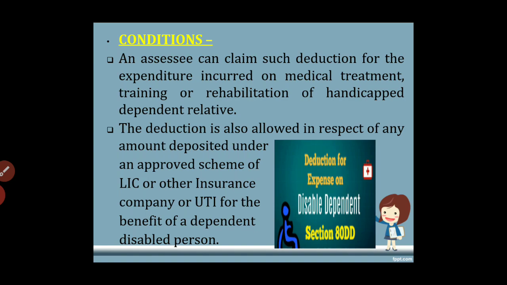So if you are taking any particular scheme of LIC or other insurance company or UTI for the benefit of such person, if someone is handicapped and for their benefit you have taken a specific scheme from any of these, right? Then that is also available to you as a deduction under section 80DD. That means you can claim the amount of that deduction.